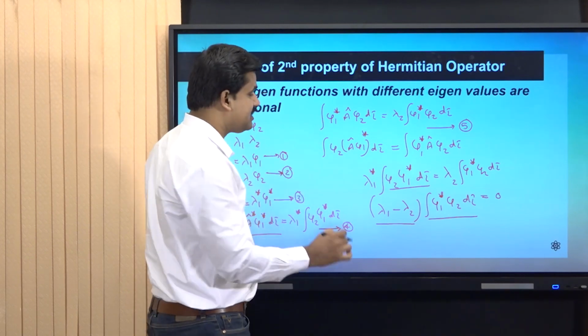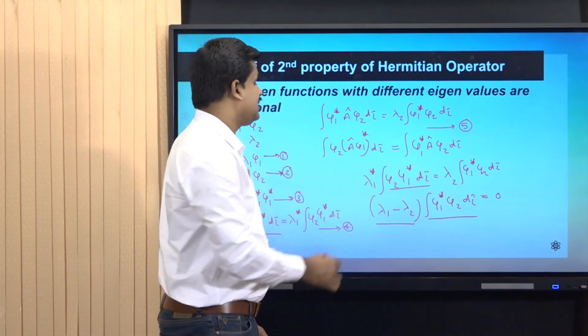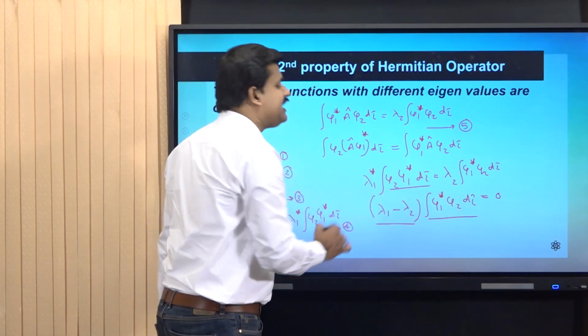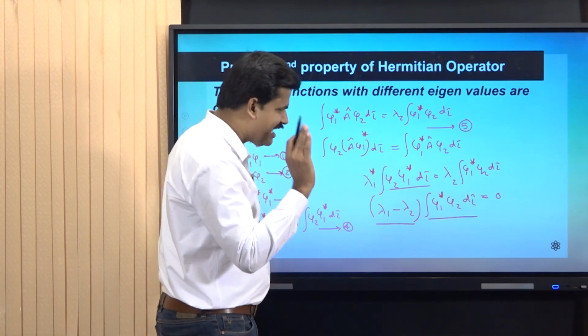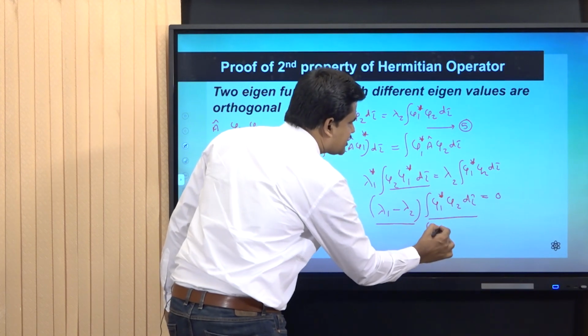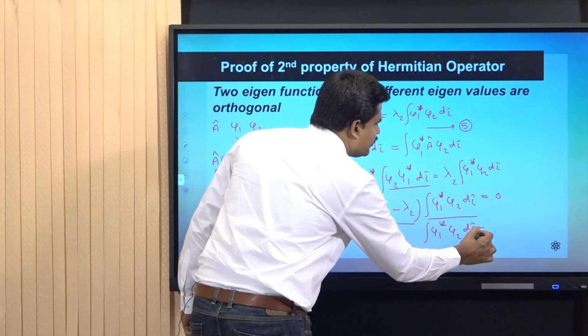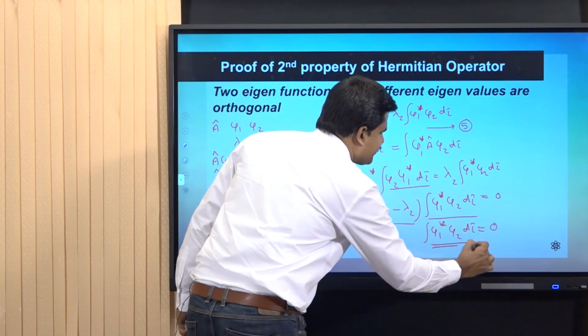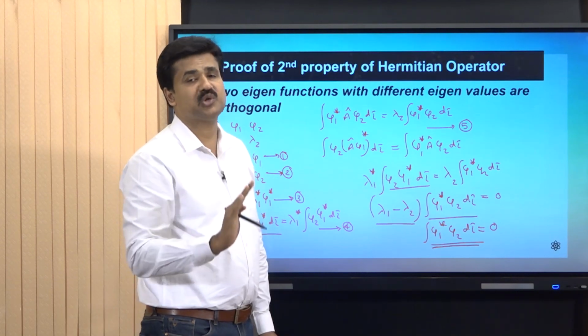But lambda 1 is different from lambda 2, so lambda 1 minus lambda 2 is not equal to 0. That ultimately leads to the result that the integral of psi 1 star psi 2 d tau equals 0. This is clearly the condition for orthogonality.